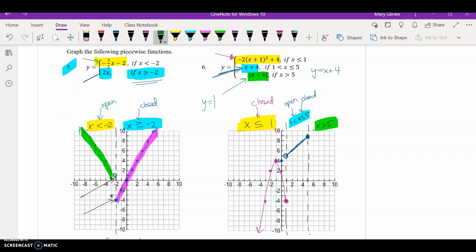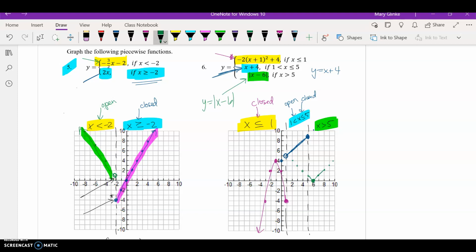Finally, that last equation, the absolute value of x minus 6, means I'm moving my vertex right 6. My a value of 1 means I normally go up 1 over 1 continuously to get that V shape. But I only want the part that's in this green area on the right.